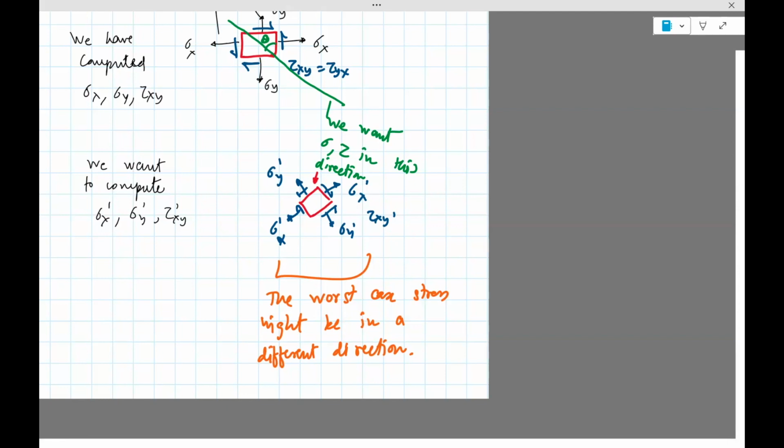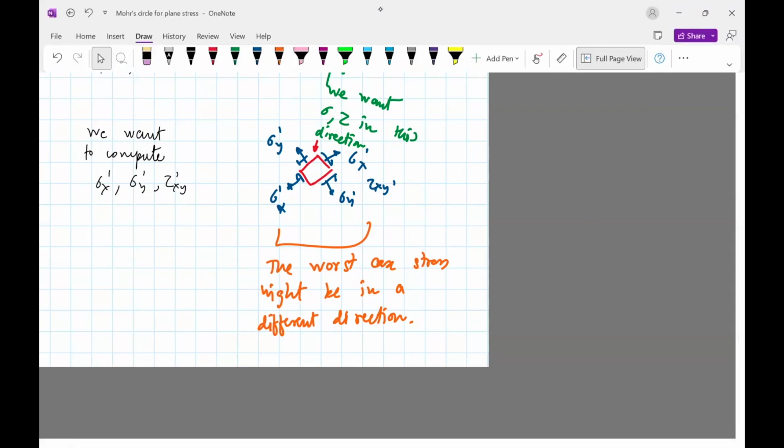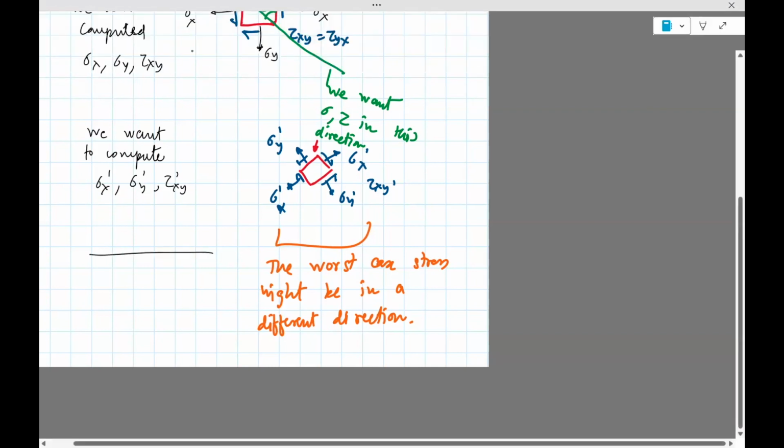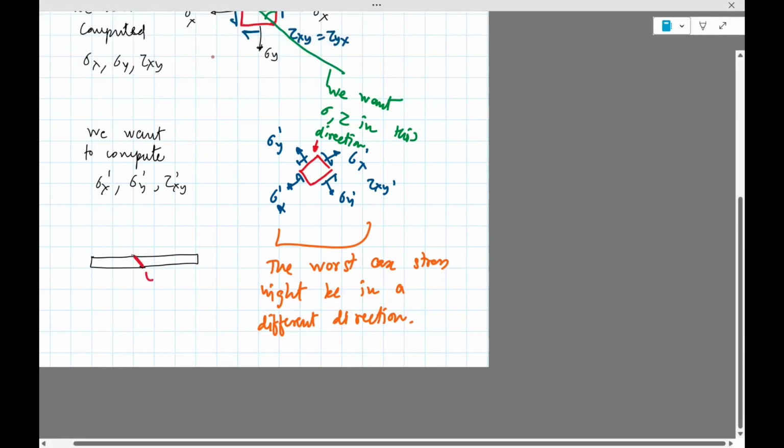Now, why does this happen? Why do you have a worst case stress in a random direction? You might, for example, design a beam like this. You might take two beams and join them. So there's a weld here. Okay, that weld is probably the weakest link in the beam because you joined those materials together.